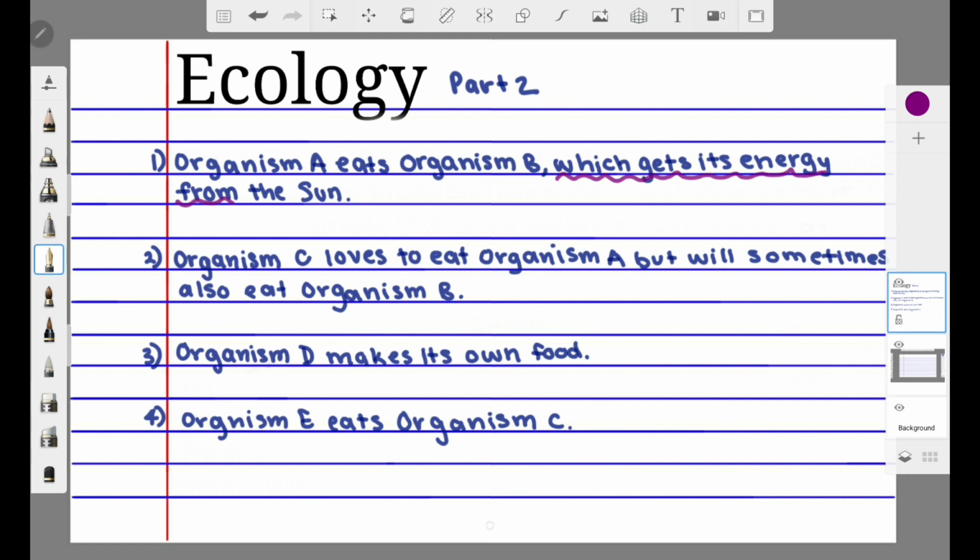This means that organism B is a producer, but A is a consumer. And A only eats organism B, which means it only eats plants. Therefore, it is a herbivore. And in the trophic level, it would be a primary consumer because it eats the producer.